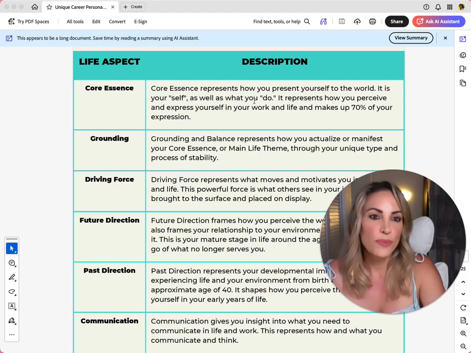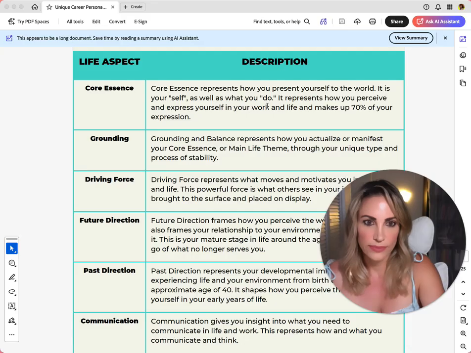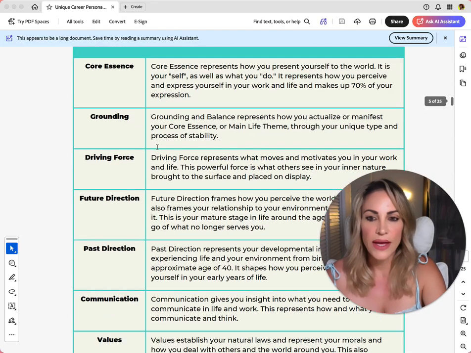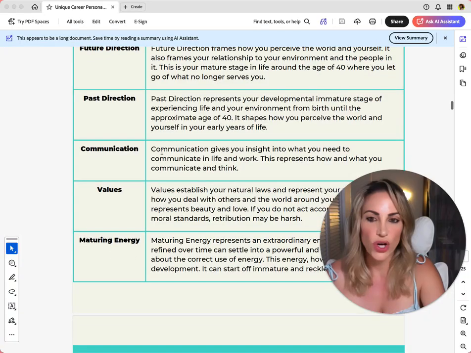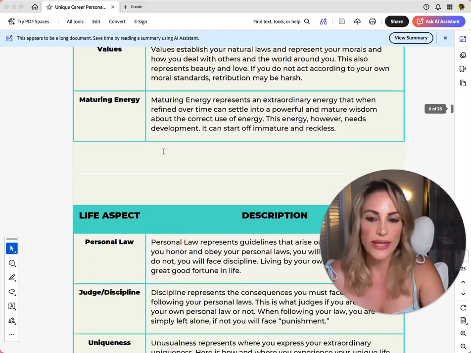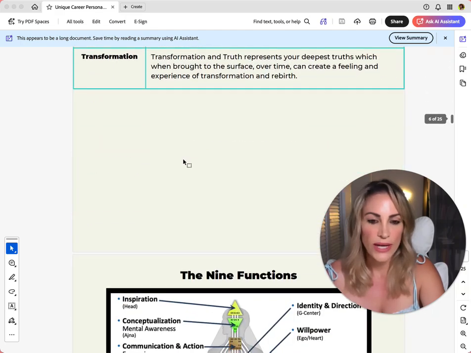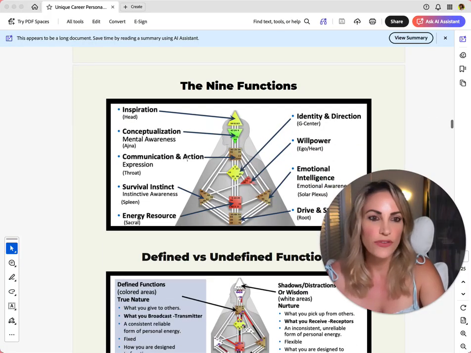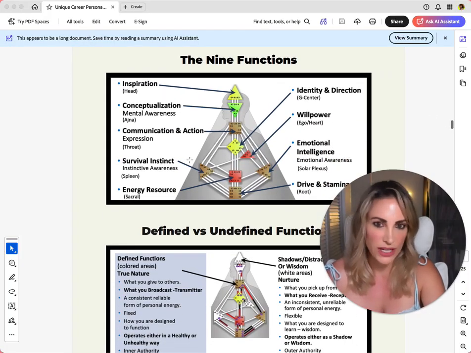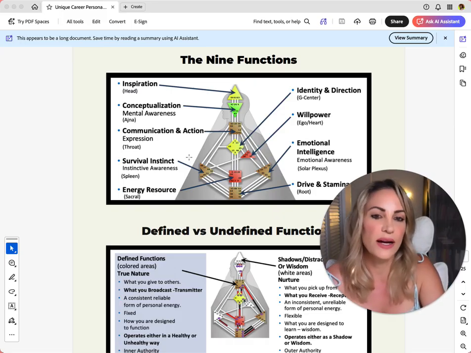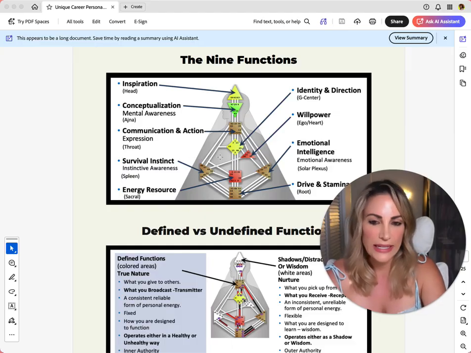It represents how you present yourself to the world. And then it goes through each of those, what they represent. Okay, so it's a cute little overview, since BG5 doesn't actually have any guides or anything like that. So that's why I've created this.